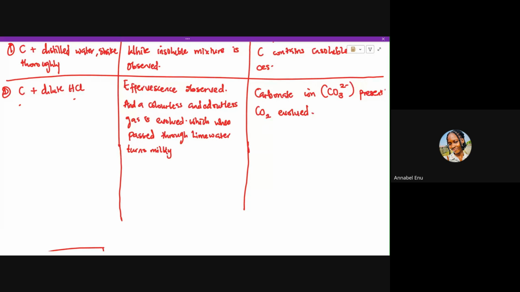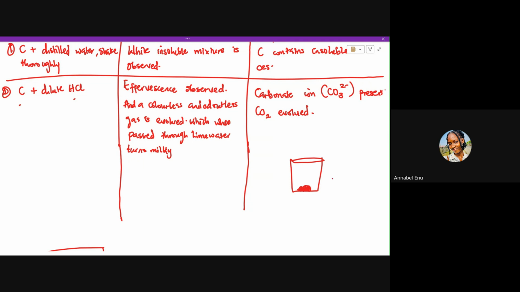Remember, this mixture is insoluble, so the filtration process can actually occur, right? When something is placed in a solvent and it's insoluble, it's going to gather at the bottom. It's not going to dissolve and mix up totally with the water. That's what makes it insoluble.